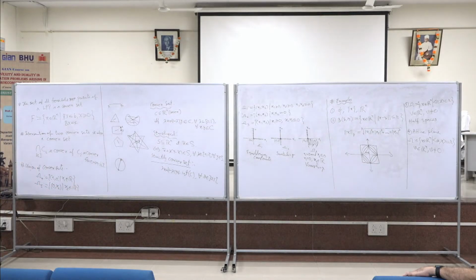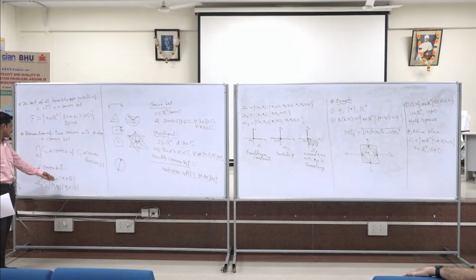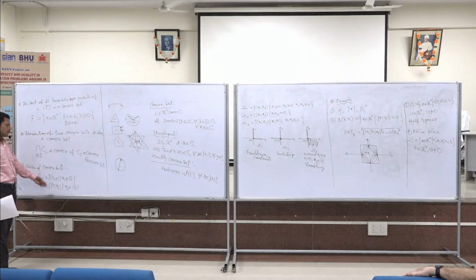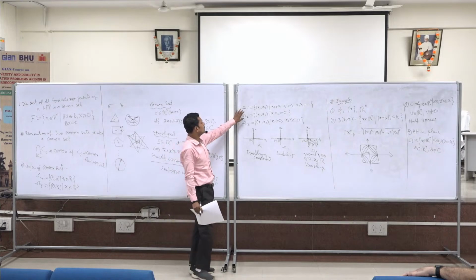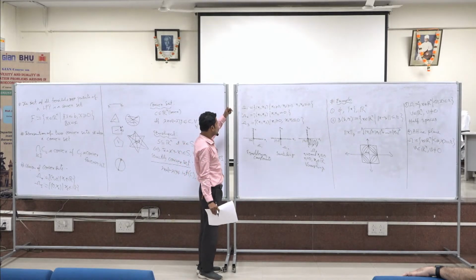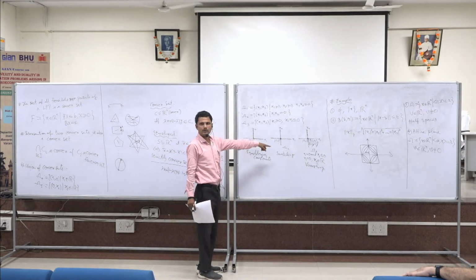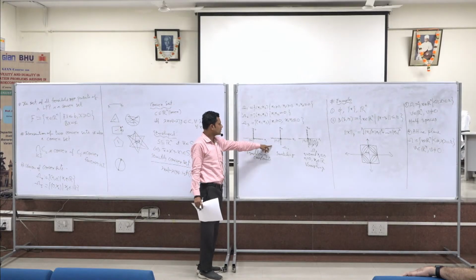So what about these two sets? Are these convex? This is the x-axis and this one is the y-axis. If you take the union of both these sets, you will have this set omega 2.